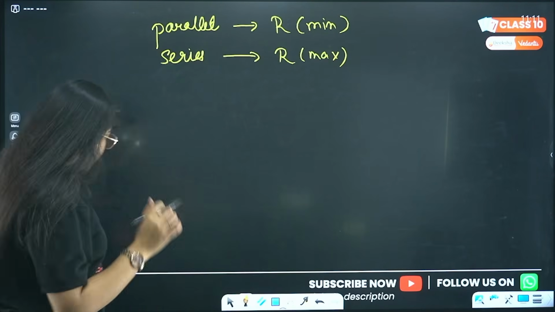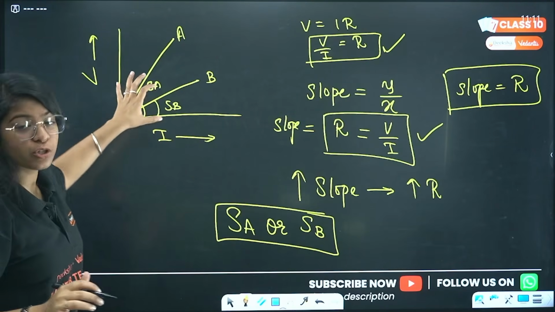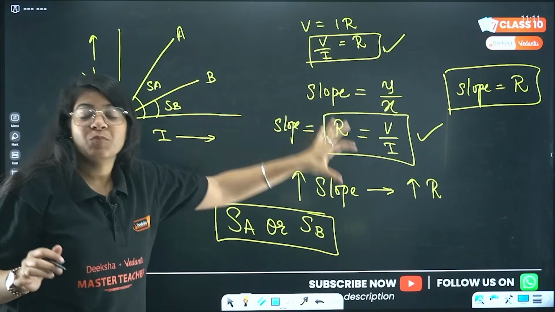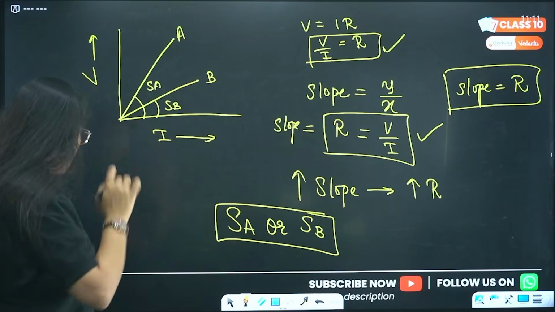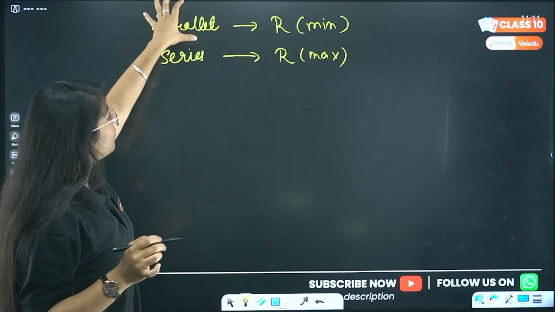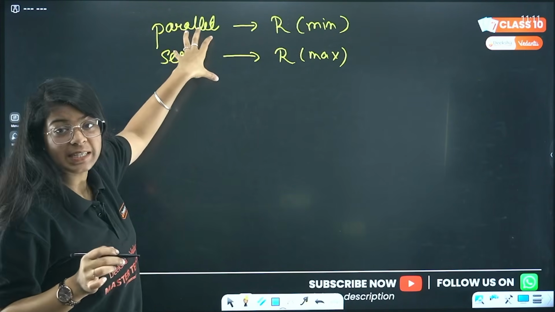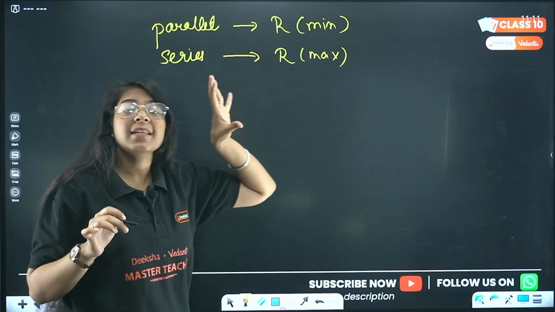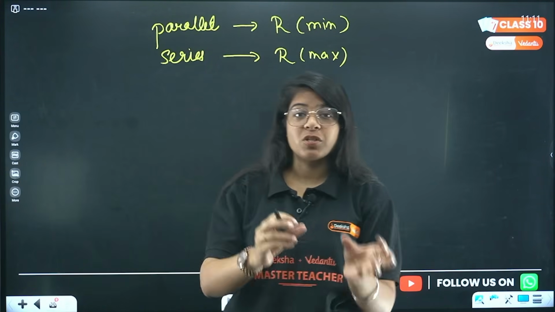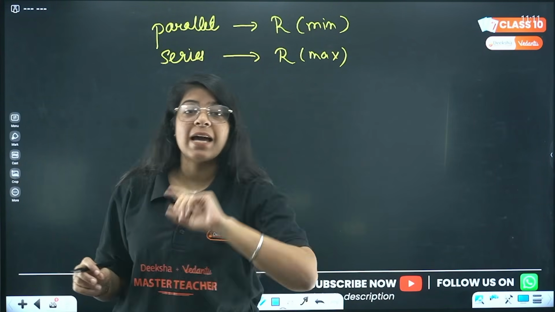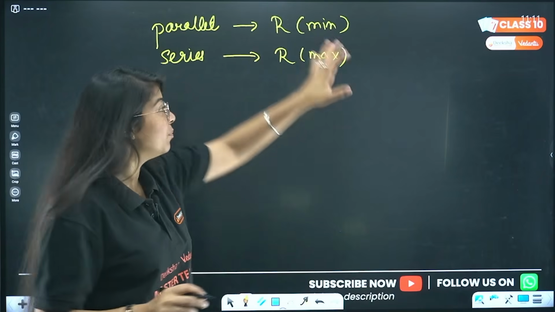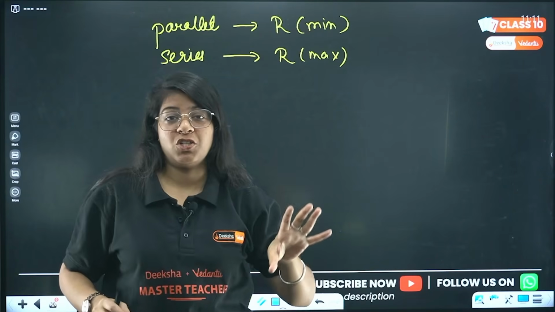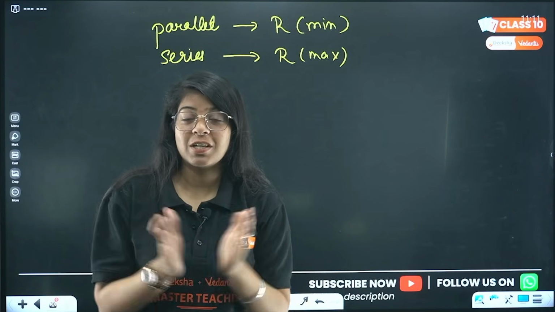Now you find out which of these has more slope, that graph will have more resistance, and then that graph will be of series. Understood? And then find out which slope is less, which resistance is less, then that graph will be of parallel combination. Let me know in the comment section right now.